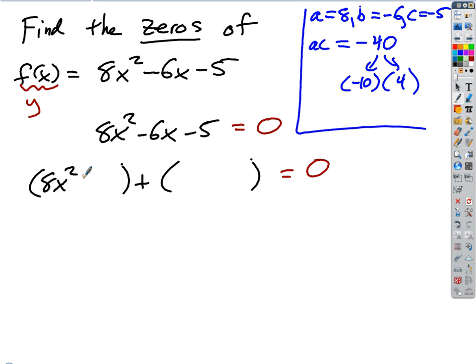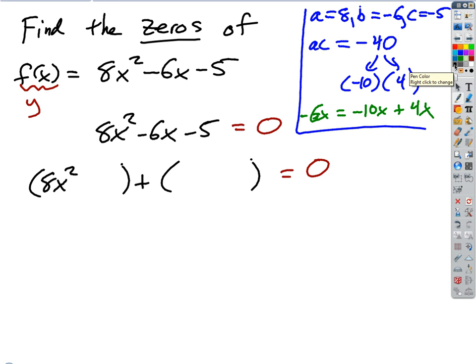So we're going to split the -6x. The -6 is going to split up into a -10x plus a positive 4x, right? That's the whole point of this, was to say -6x equals -10x plus 4x. That's how we split it up.